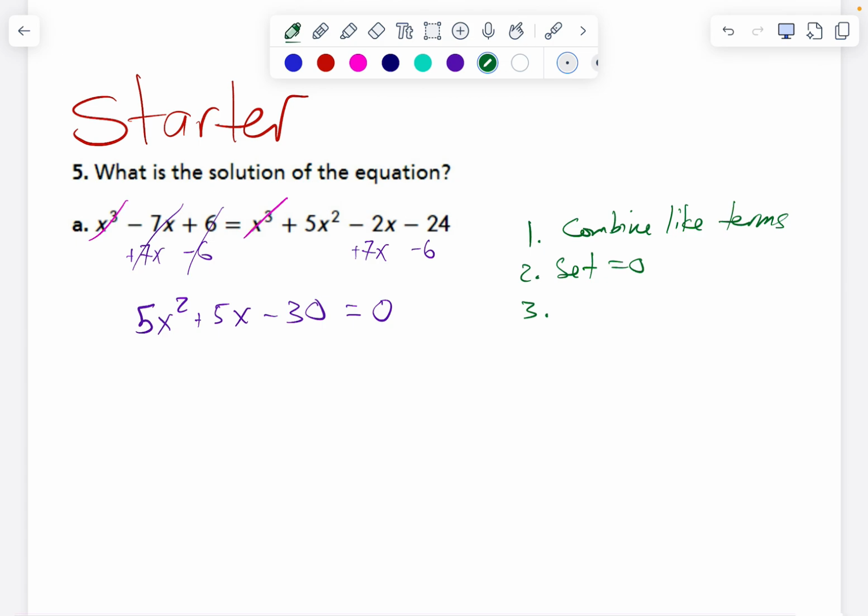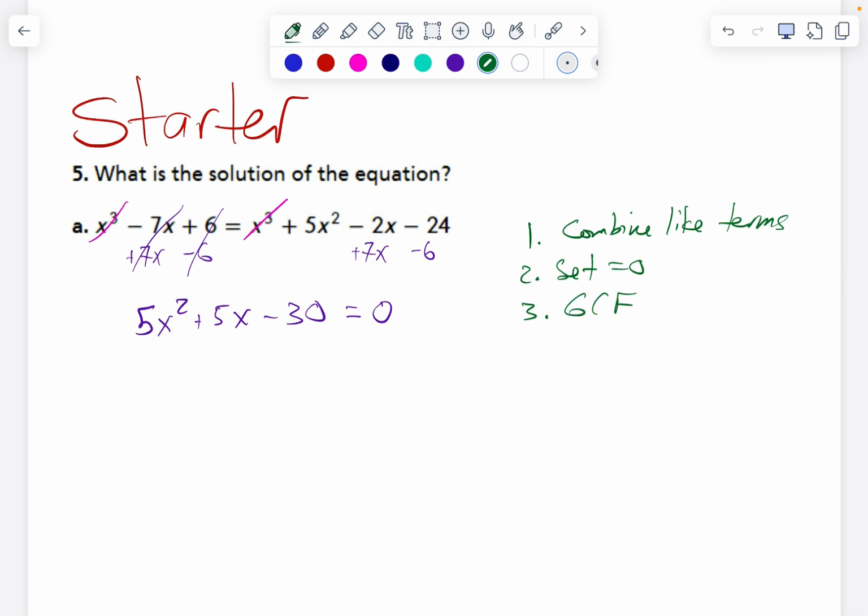What was it? Yeah, good job, GCF. Which is helpful regardless what we're going to do next, right? Whether we factor or if we do the quadratic formula, finding the GCF is going to help us. In this case, it's 5. So pull out 5 and get x squared plus x minus 6.